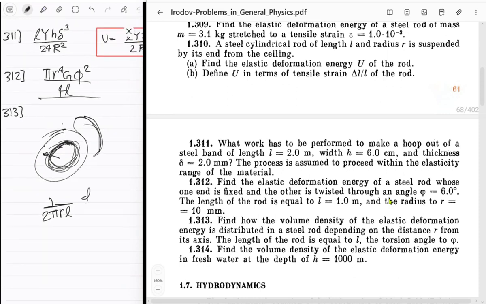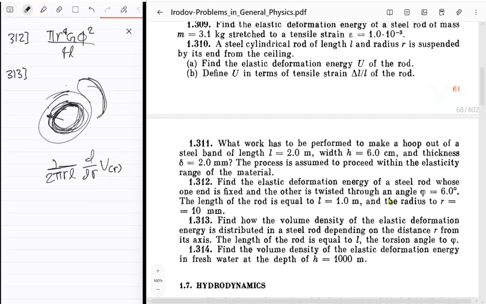And d upon dr of the stored energy inside of this rod, right? Which is a function of r, by the way. And yeah, u is just this thing actually. So when we use this, we'll actually get the energy density in this region, right? Yeah, isn't that just awesome? It looks awesome, I think.